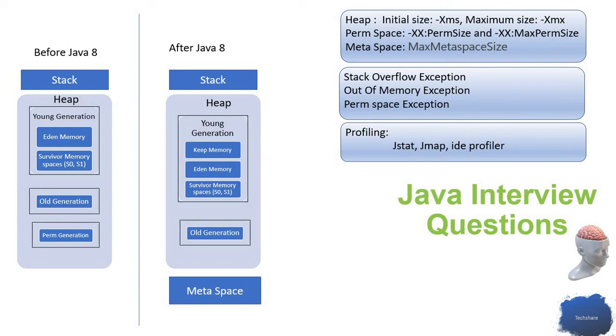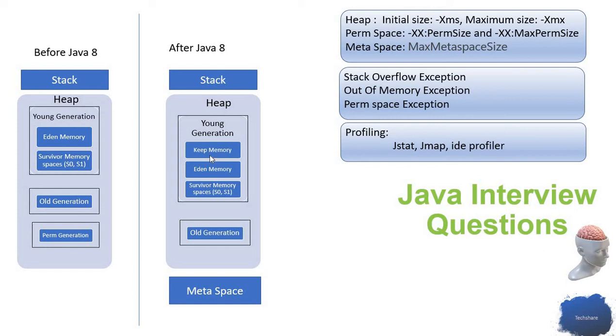And the other change they made is they added a keep memory in the young generation. The purpose is that they don't want fresh objects to be immediately eligible for garbage collection, so they want to keep them for some time in memory.